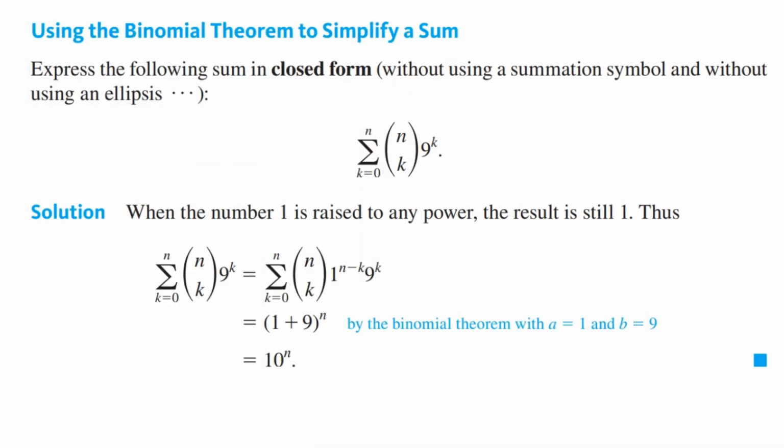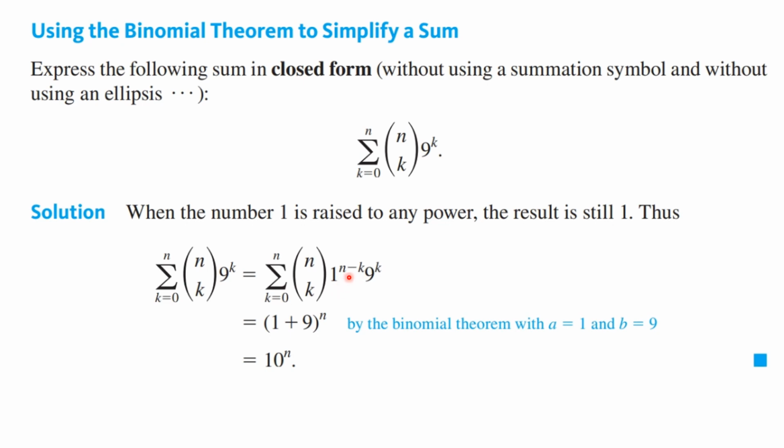We can also use the binomial theorem to simplify a sum. So here we have the summation k equals 0 to n of n choose k times 9 to the k. Now, the key to doing this is to realize that this expression right here is a binomial expansion of (1 plus 9) to the nth power, because I'm going to have the summation k equals 0 to n of n choose k, and then I'm going to have 1 to the n minus k.